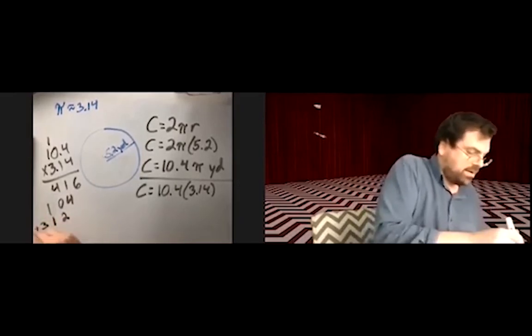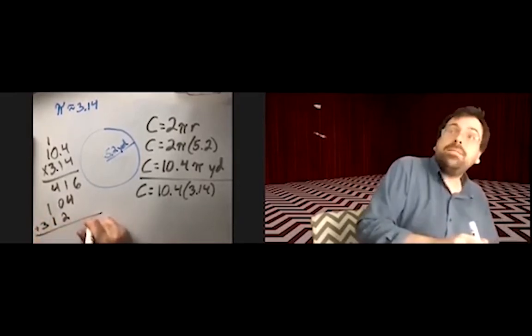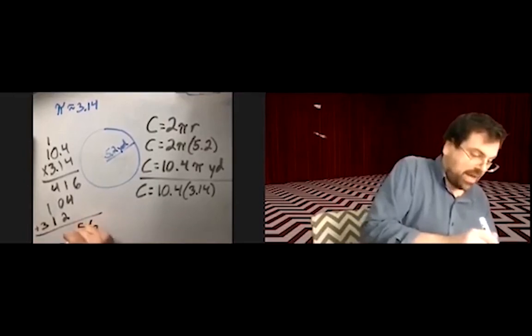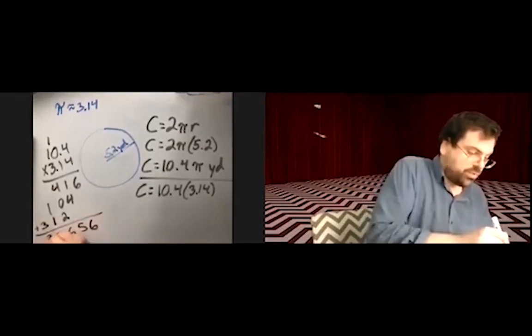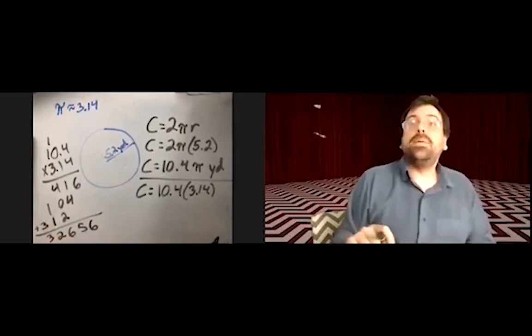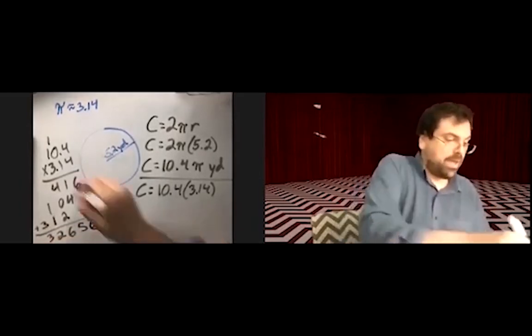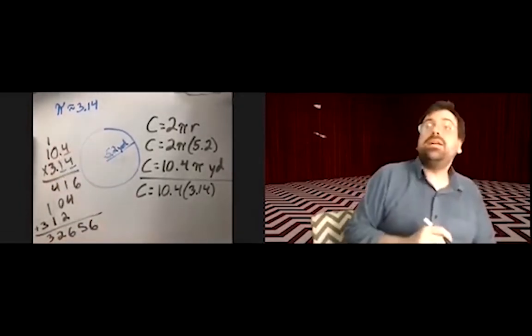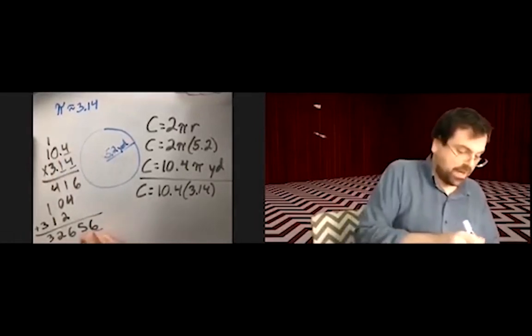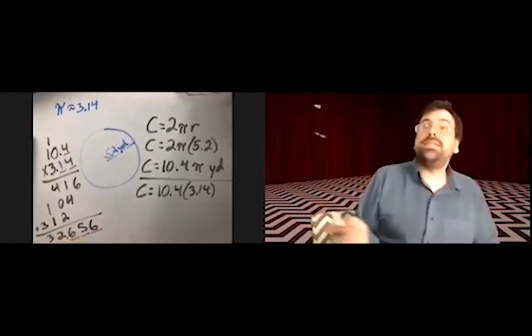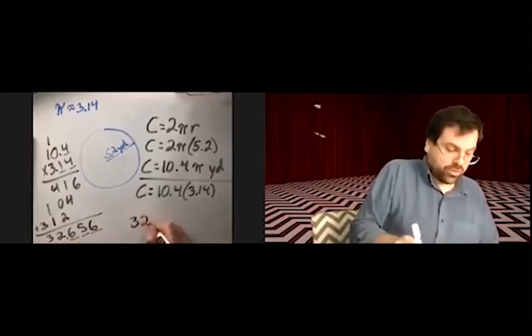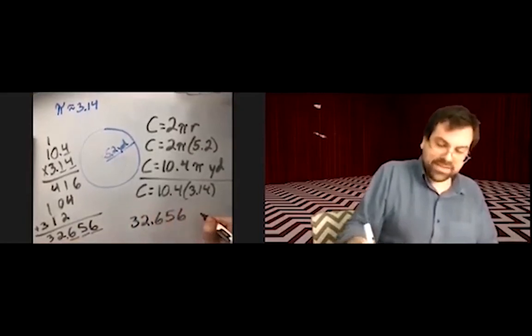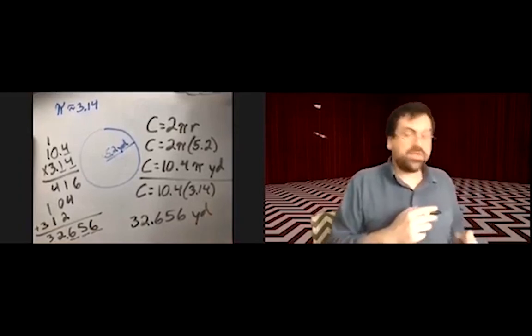We add 6, 5, 6, 2, 3. And 1, 2, 3 decimal places after the decimal makes this 32.656 yards.